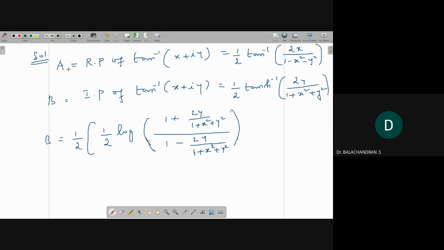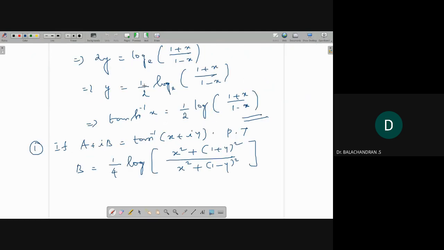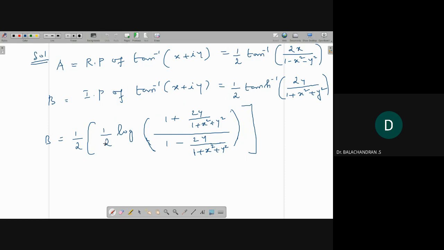Okay, so I wrote a and I wrote b. Now b equal to 1 by 2 tan h inverse of x. What is tan h inverse of x? Formula: 1 by 2 log of 1 plus x by 1 minus x. So 1 by 2 into 1 by 2, 1 by 4 log of, take 1 plus x square plus y square as LCM.